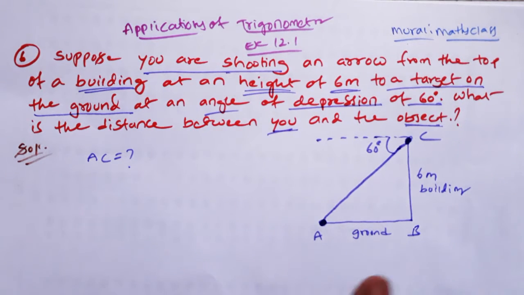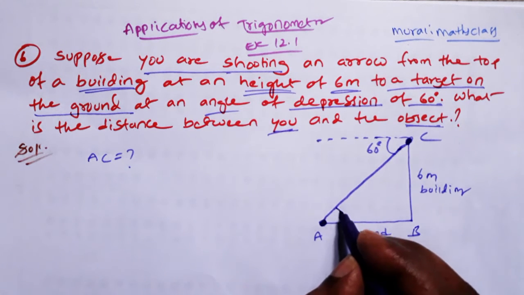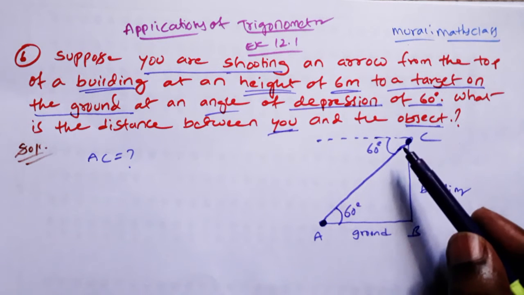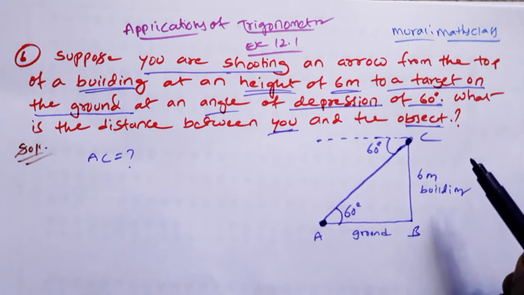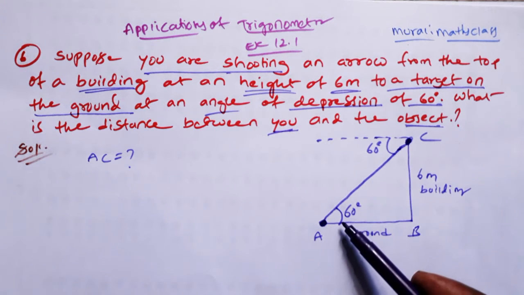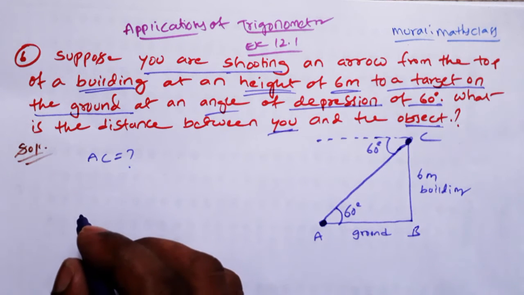Okay, suppose here it is 60 degrees, then this is also 60 degrees only. Why? Because alternate interior angles are equal. If it is 60, then we can take this also 60. Okay, yes.